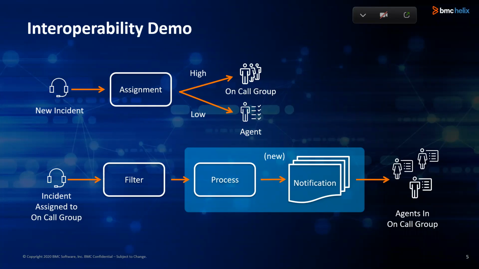This is actually from a request that came to the team when we first started building the convergence from our own internal help desk team. They wanted to be able to create an on-call group and then, for specific tickets, send a text message to people in the on-call group to be able to respond immediately to a high priority ticket.